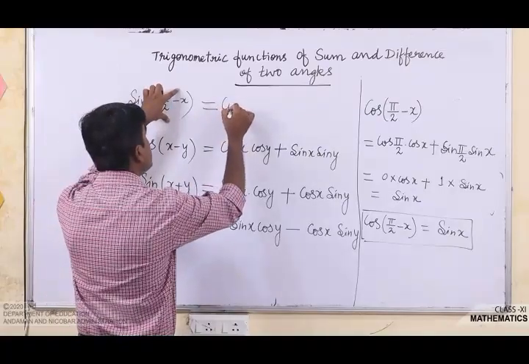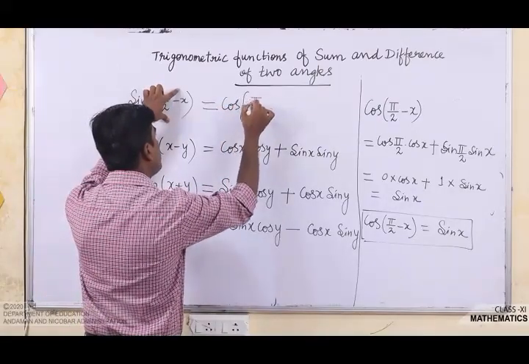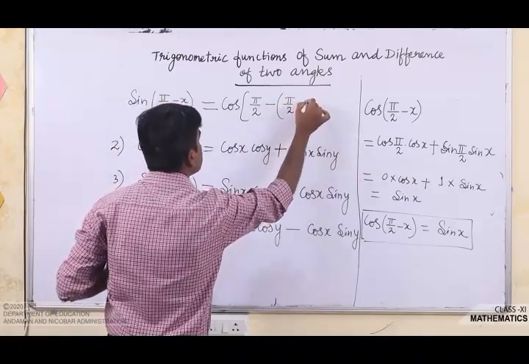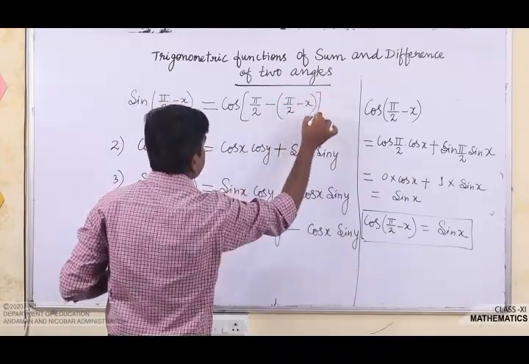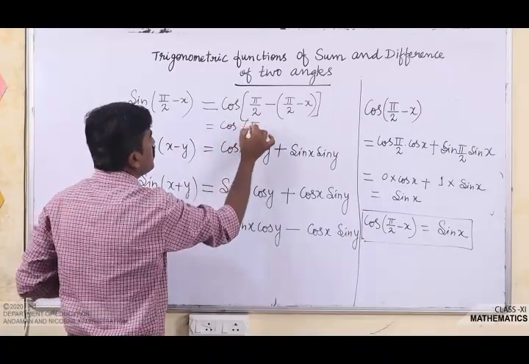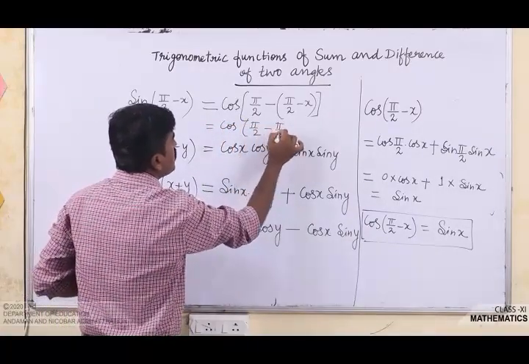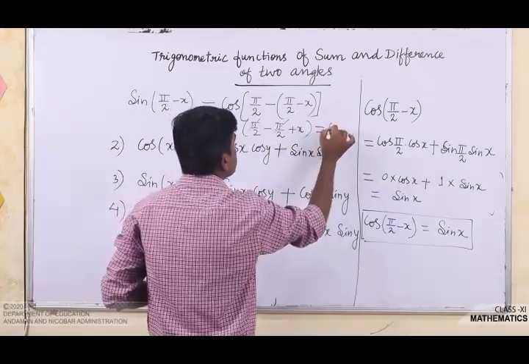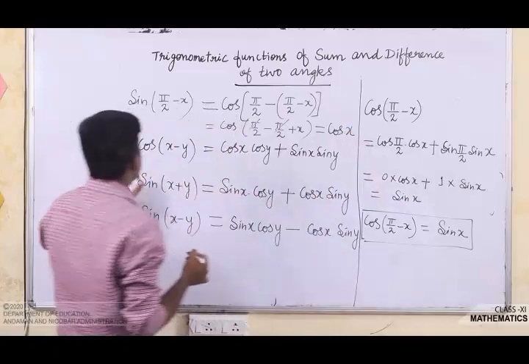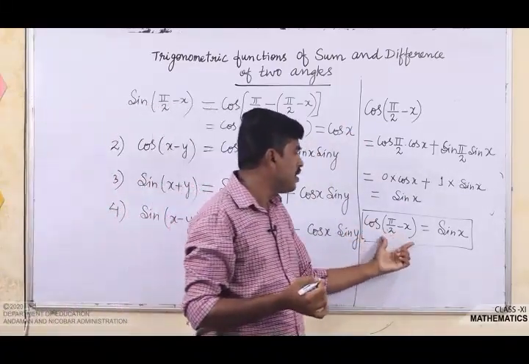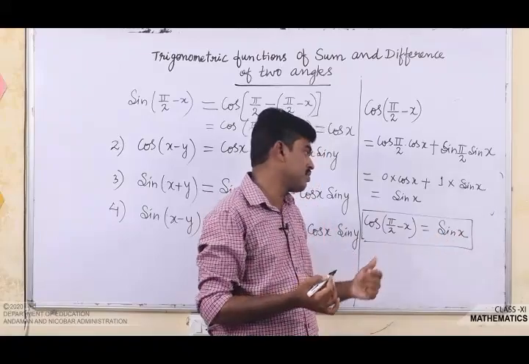We can write it as cos of pi by 2 minus (pi by 2 minus x). So we can write it as cos of pi by 2 minus pi by 2 plus x. So pi by 2 gets cancelled, and that is equal to cos x. So sin of pi by 2 minus x is equal to cos x, and cos of pi by 2 minus x is equal to sin x.